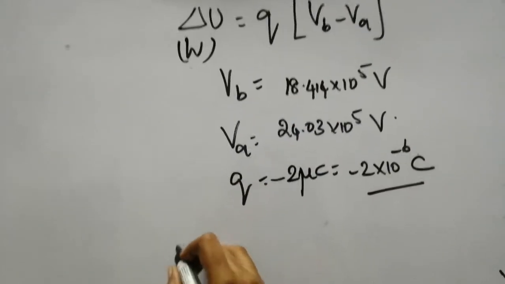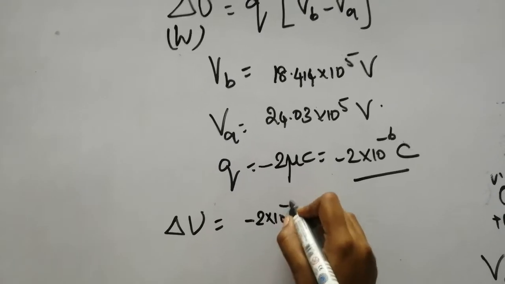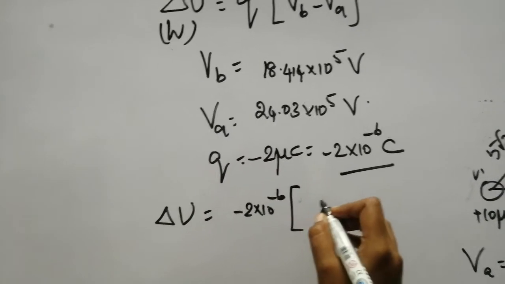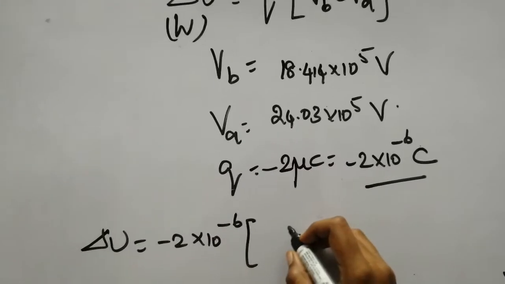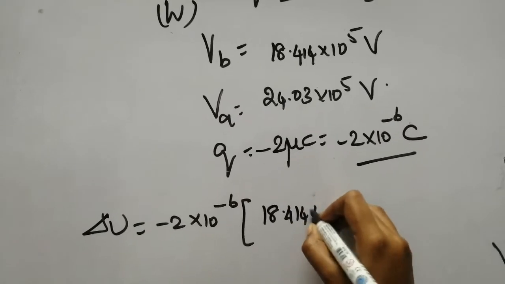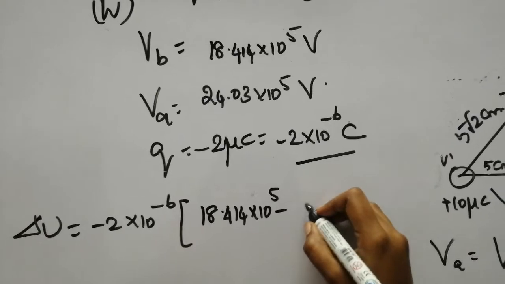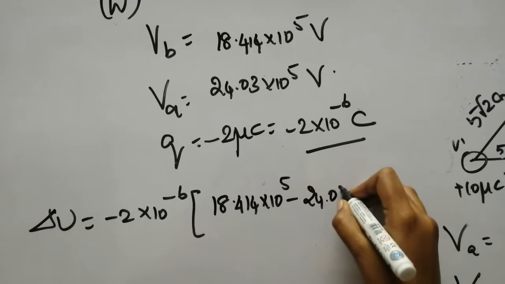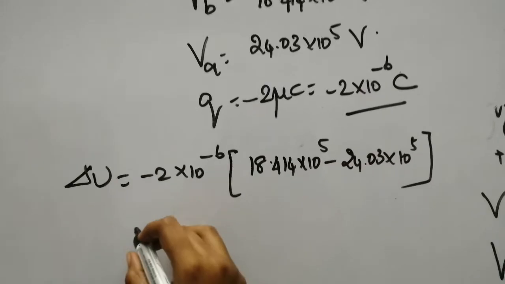Substitute all the values here. So del U is equal to minus 2 into 10 to the power minus 6 into VB minus VA. VB value is 18.414 into 10 to the power 5 minus 24.03 into 10 to the power 5.